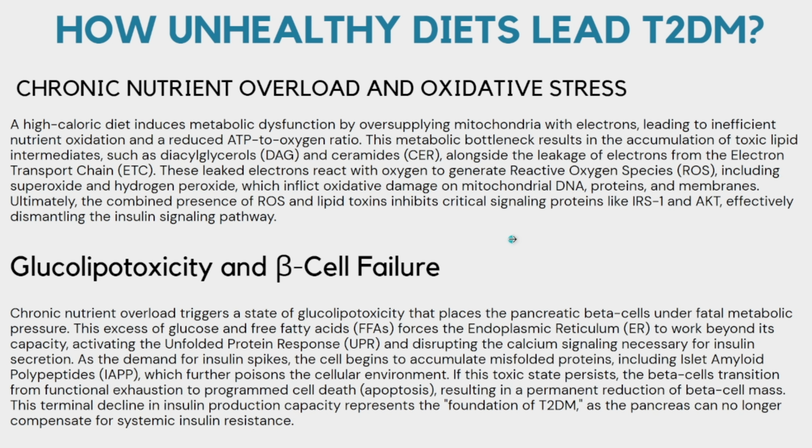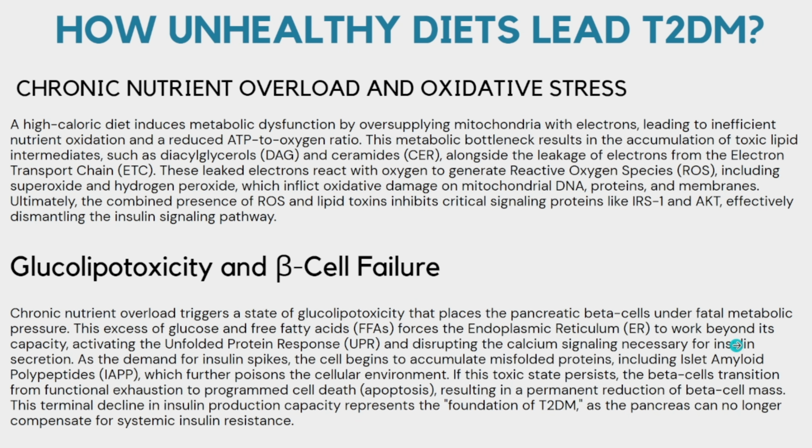Because your cell now requires a high amount of insulin. For example, in a normal situation, your skeletal muscle just requires 5 grams per liter of insulin, which is already enough. But a patient requires 50 grams per liter. Your pancreas can still produce, but if your free fatty acid is too high and your glucose is too high, it already causes glucotoxicity to your pancreas, to your beta cell.